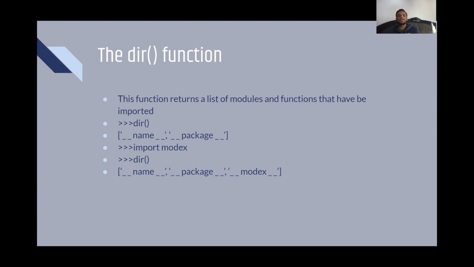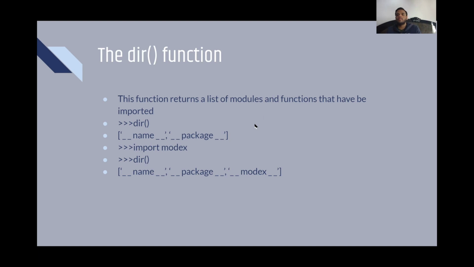When we go into the Python shell, not the file, but the shell with the three arrows, and we type in dir and the two parentheses, let's say we get a list of these items, the module name and the module package.